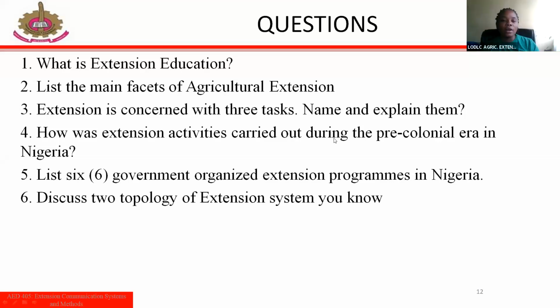Sani Musa selected question 2 and said extension has 3 facets: as a discipline, as a process, and as a service.